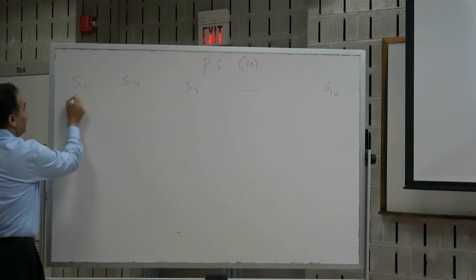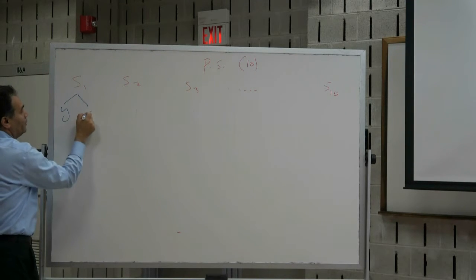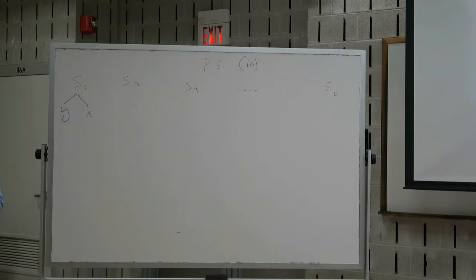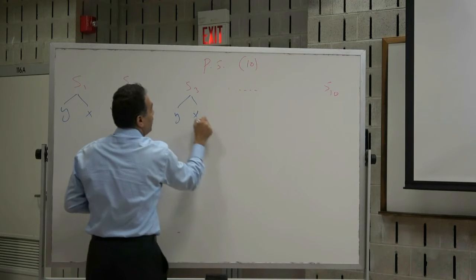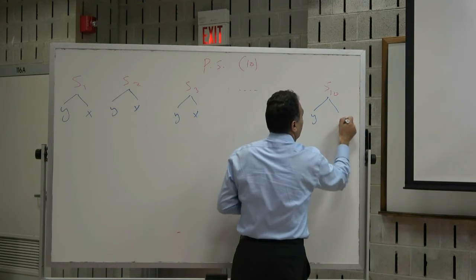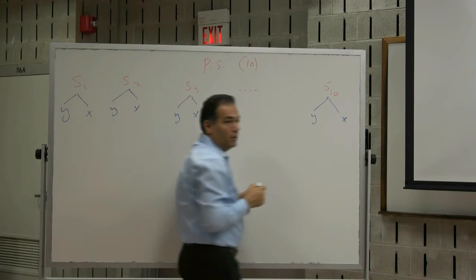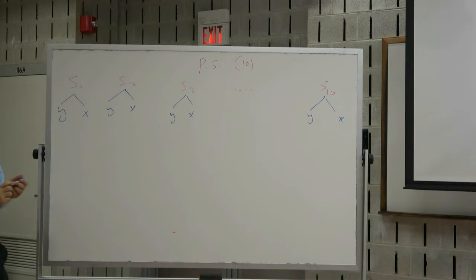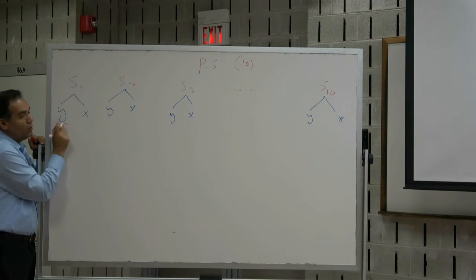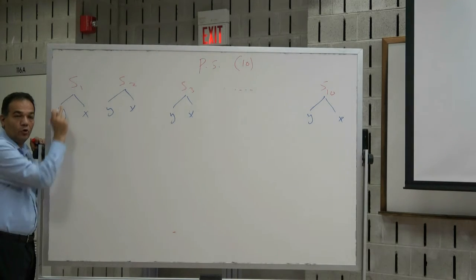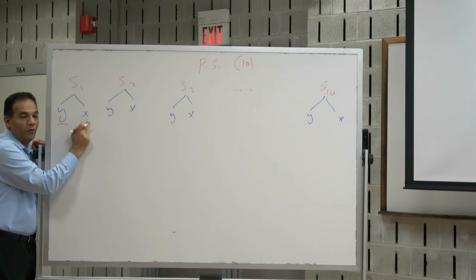So I'll give each solution a chromosome Y and X. So what is the Y? It is the actual solution to the problem, the mechanism to solve the problem. What is Y? What is X?